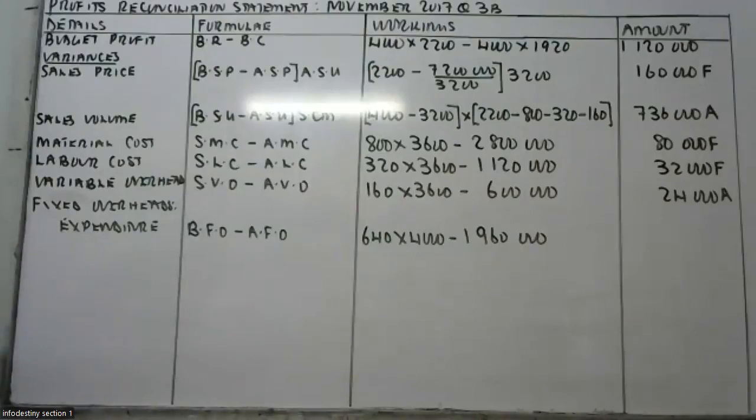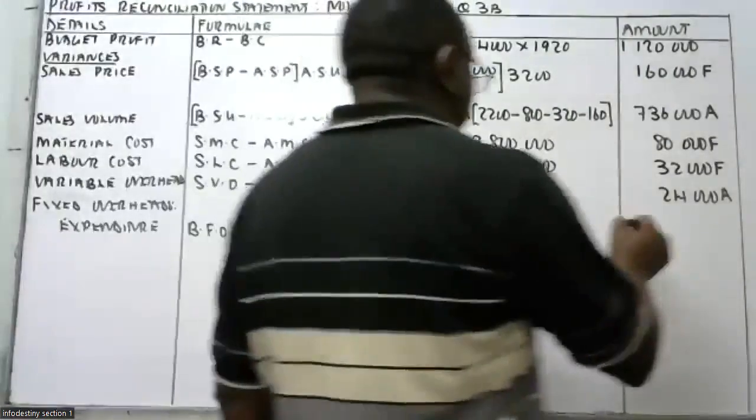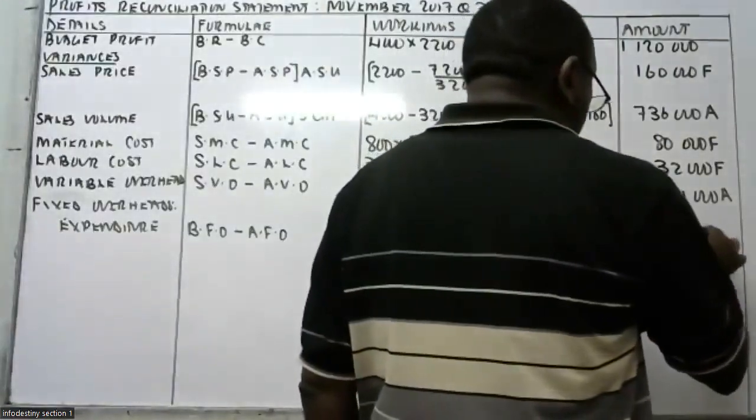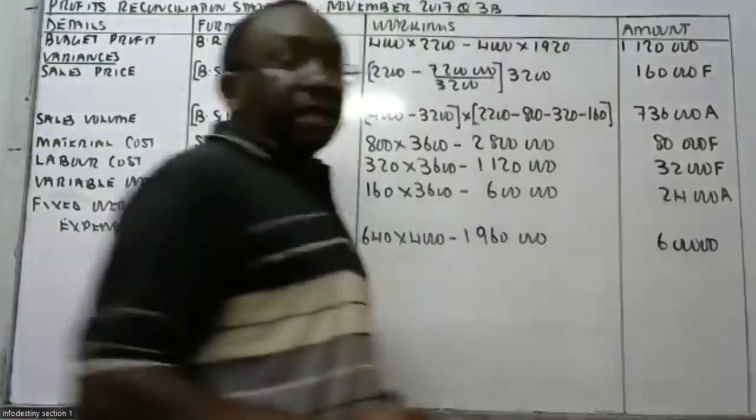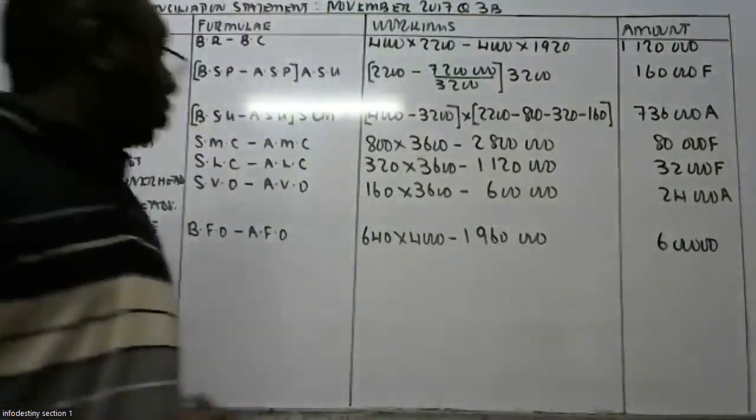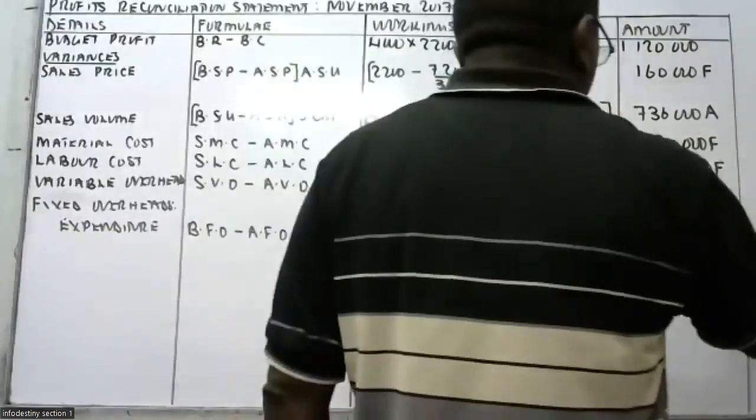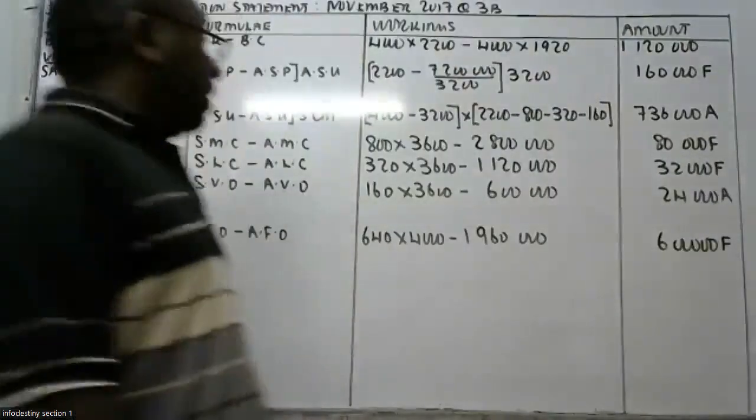I have said it is 640 times 4,000 minus 1,960,000. Yeah, so it's okay, 600,000. And this 600,000 is favorable because I spent less.